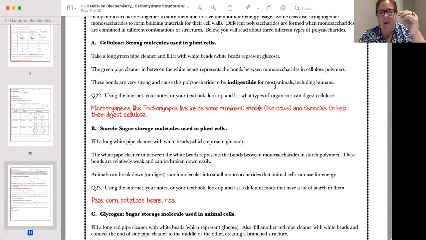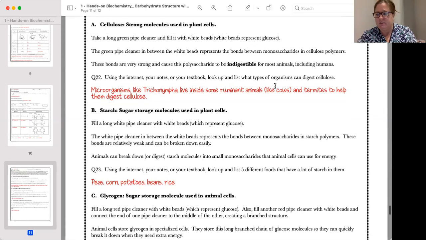Okay. Sorry, cellulose was on the green pipe cleaner. So here's cellulose on a green pipe cleaner.